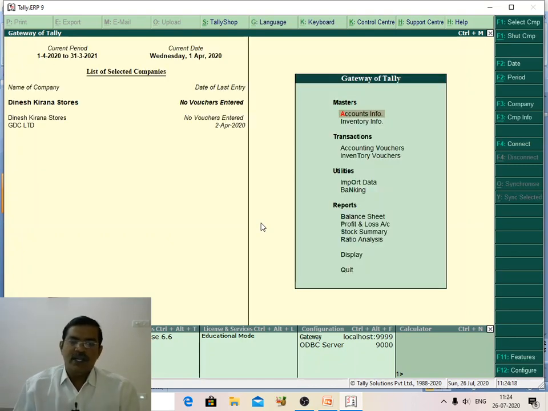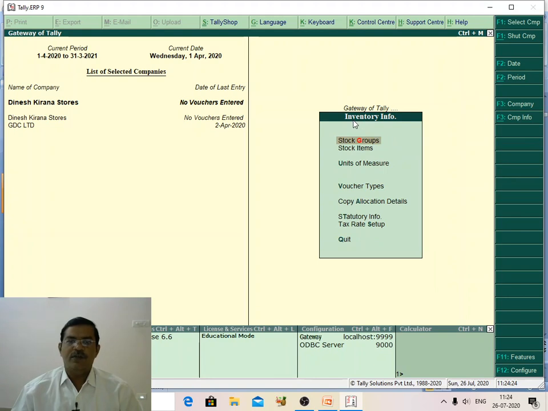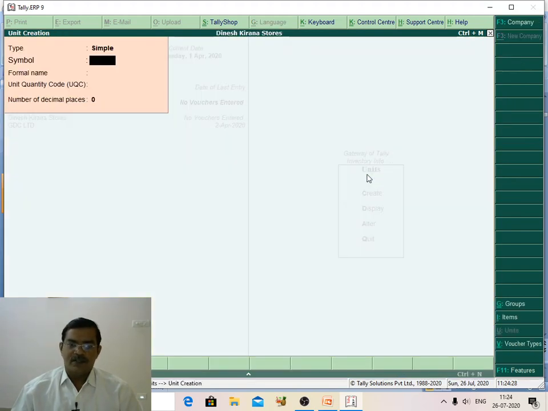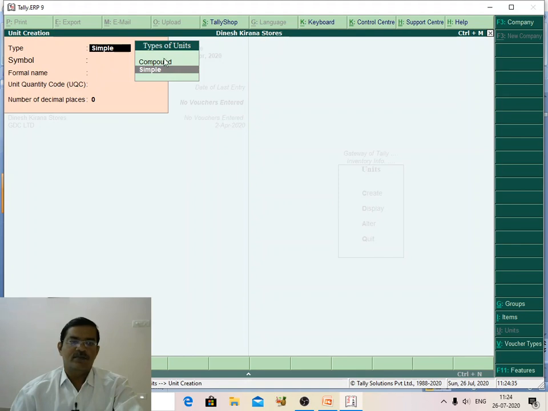So how do we create this inventory? Go to Gateway of Tally, Inventory Info, select Unit of Measure, Create. We need kilograms, kgs. You can select compound or simple; now I am using simple only.